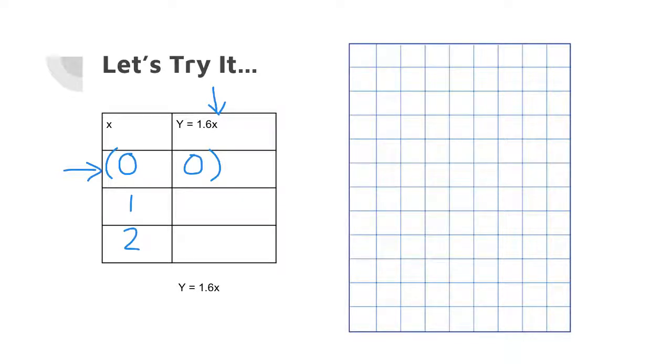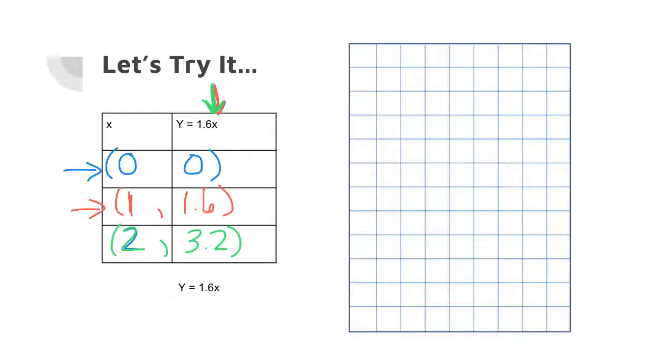Then I can replace x with 1 for this one. And 1.6 times 1 is 1.6. I now have my second ordered pair. And then I can replace the x with a 2. 1.6 times 2 is going to give me 3.2, and I have my third ordered pair.